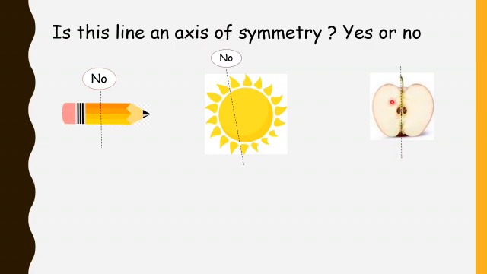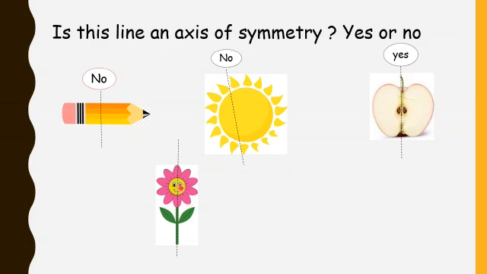We have this half an apple and this line. If we look, we can see that this part is identical and equal to this part. So this line is an axis of symmetry. As for this flower and this line, we can see that this line cuts the flower into two equal and identical parts.